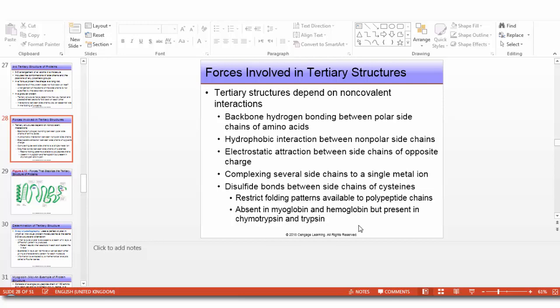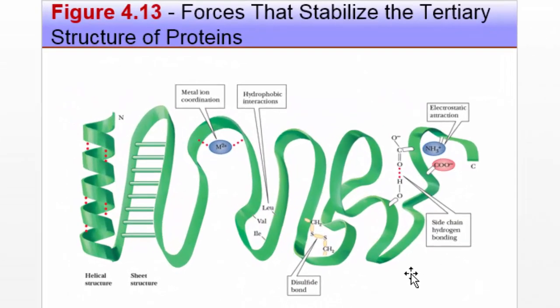Now, if you look at this schematic representation of the forces that stabilize the tertiary structure of protein, we want to start with the covalent type of forces. You see, when you have 2 cysteine residues close to each other, they form a disulfide bond. This is covalent. Now, we have hydrophobic interaction with non-polar side chains close to each other.